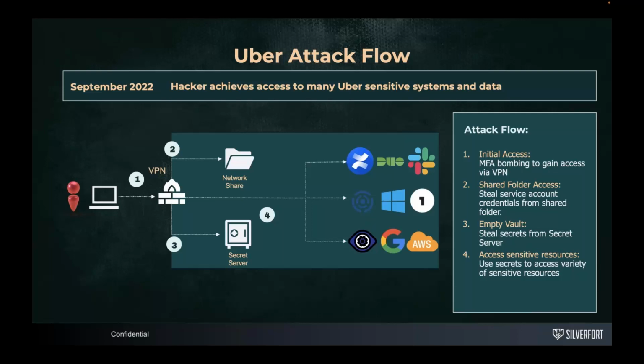Within the network share, there was a script that included the service account that was used to log in to the PAM in place. And with this service account, the attacker simply got the secrets of the whole kingdom, and the way was paved to access all of these different services.